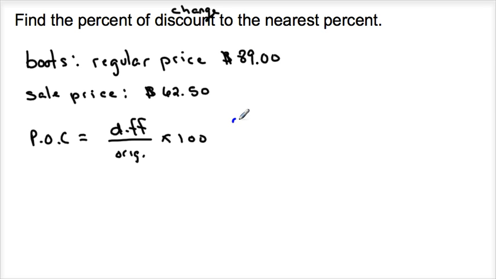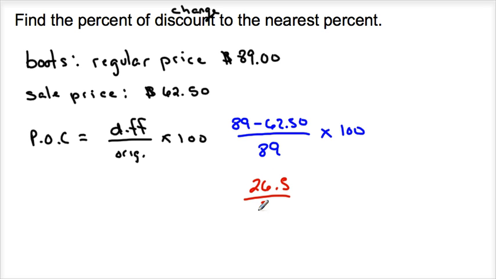So we have the difference, so 89 minus 62.50 over the original price, which is $89, times 100. And this will give you the percent of change. If we do 89 minus 62.50, we'll get an answer of 26.50 divided by 89 times 100.